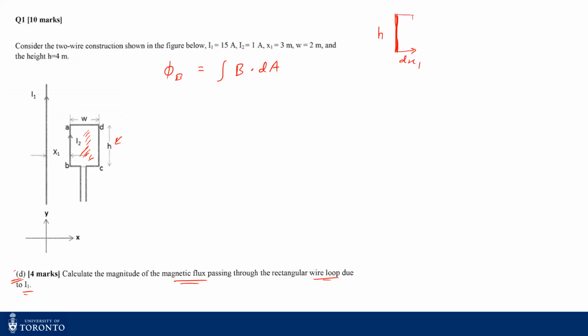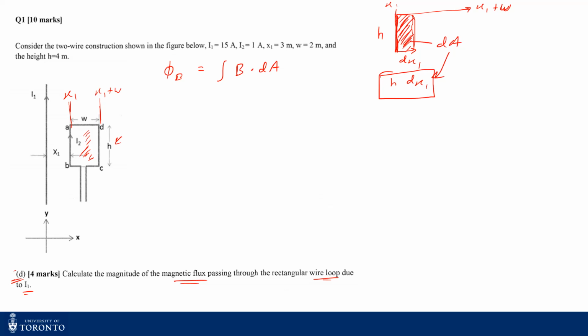Then you have an area of h times dx1. Now what's going to be your limit? Your limit is going to be from x1 to x1 plus w. So that's your dA, which is h times dx1.